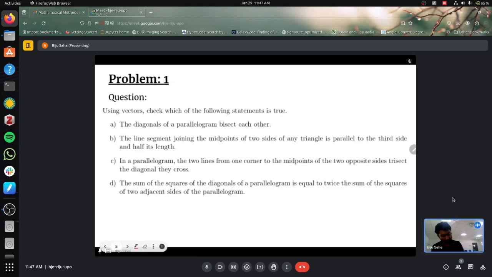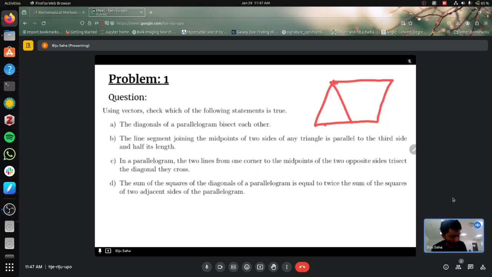The next statement is again about a parallelogram. The claim is to prove that the two lines from one corner, we let this be one corner, connect to the midpoints of the two opposite sides.